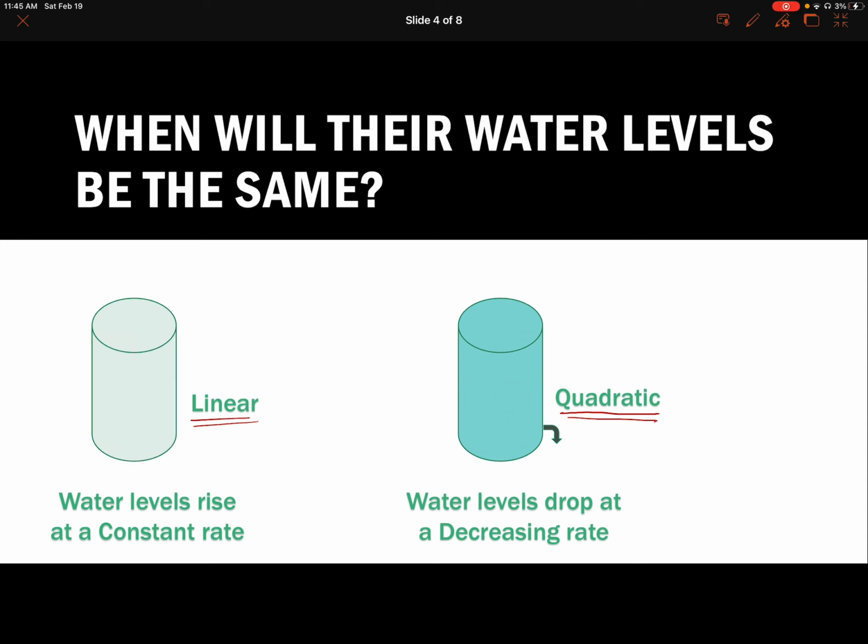If I were to look at a quick little graph of this, showing the amount in the tank versus time, the one would fill up linearly and the other tank would drain. Initially, the water levels drop really quickly, but as a tank loses water, it loses pressure and it drains slower and slower.